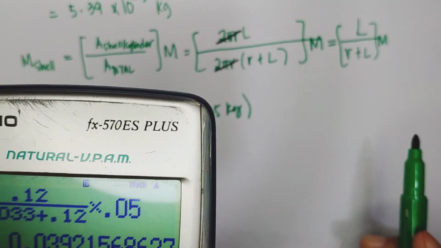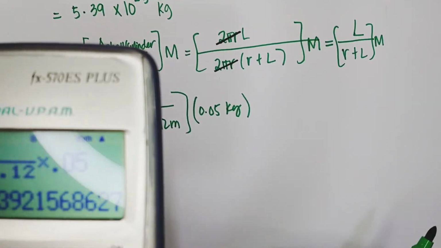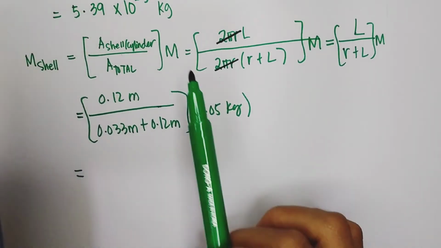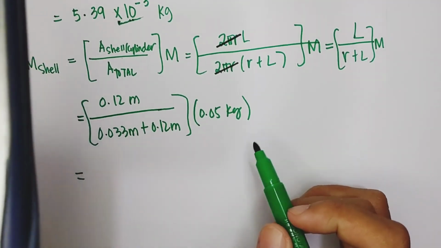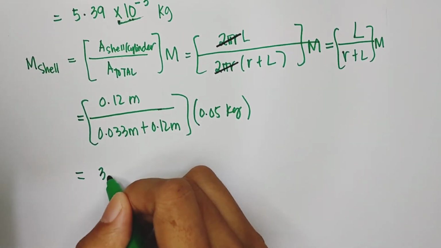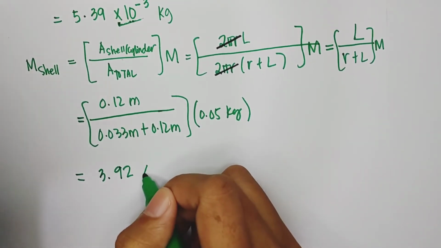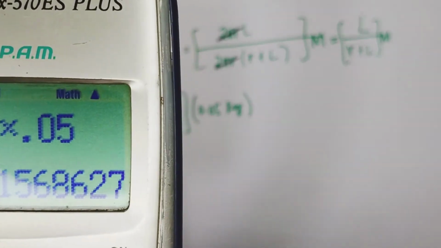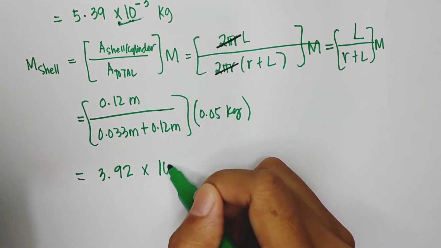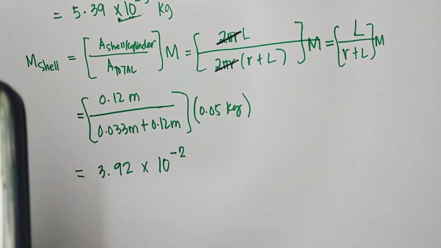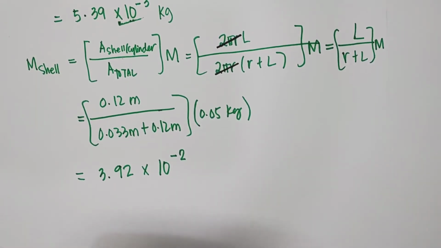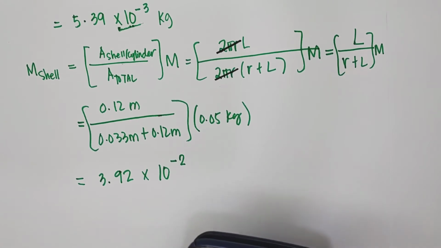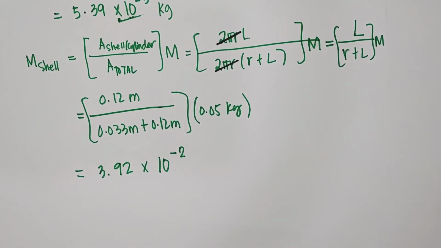However, we need to convert it into scientific notation, so we have 3.92 times 10 to the negative 2. So that will be our answer. Now we have our masses.